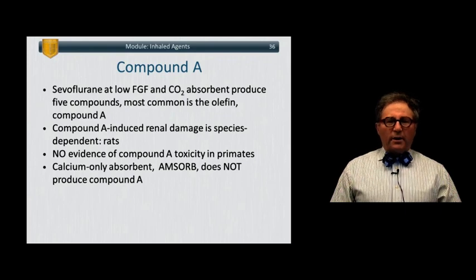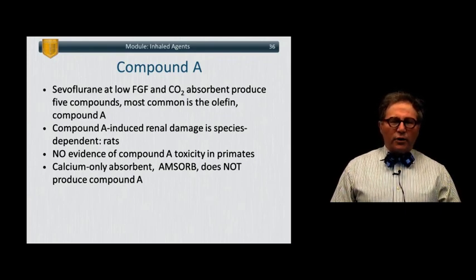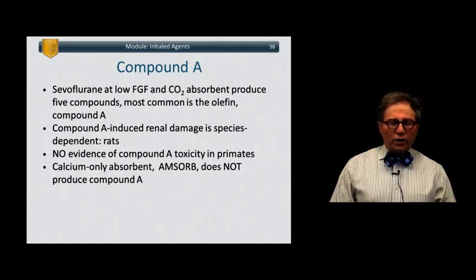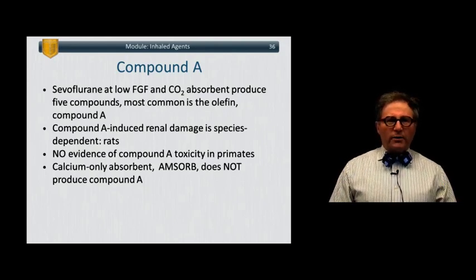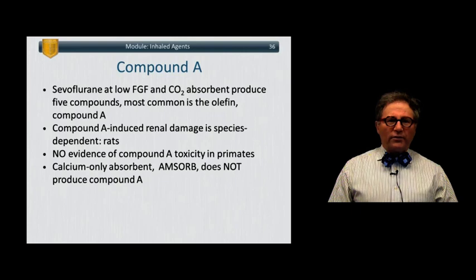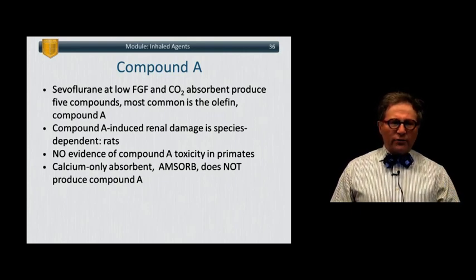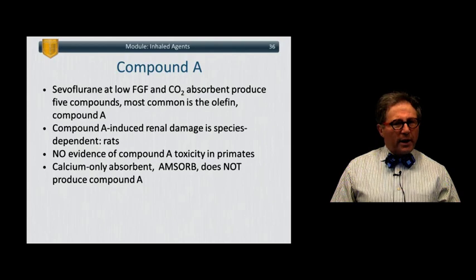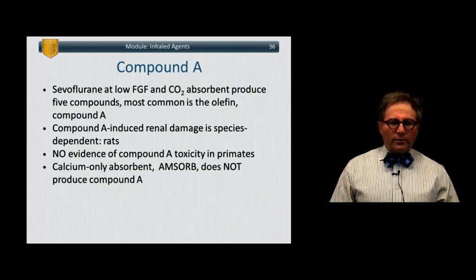The ability of CO2 absorbents to break down sevoflurane and cause compound A production depends on the type of absorbent that's present, and that is, in the presence of only calcium-based salts in the CO2 absorbent, removing the sodium and the potassium salts, as in the case of Amsorb, compound A is not even produced.